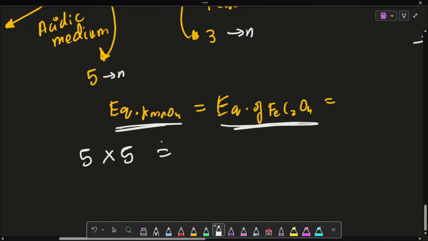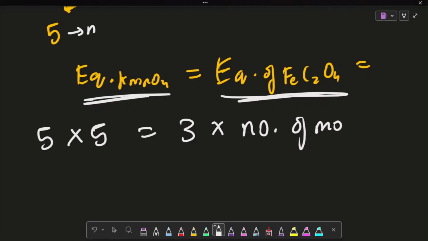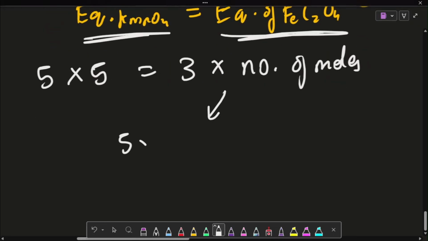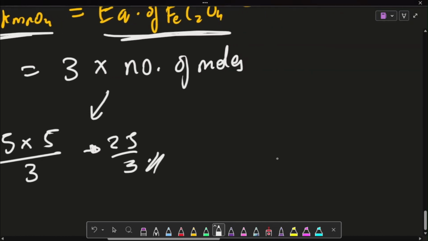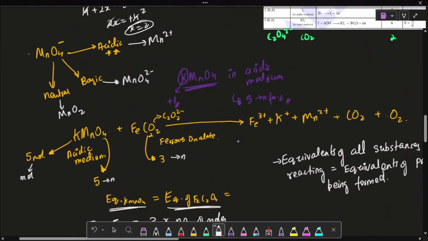And then equivalence of FeC2O4, ferrous oxalate, that's n factor multiplied by number of moles. That's nothing but 5 times 5 divided by 3, that's 25 by 3, which is probably like 8.33.